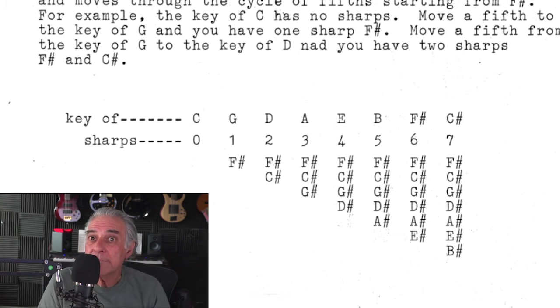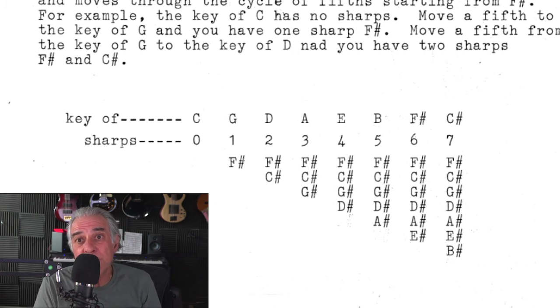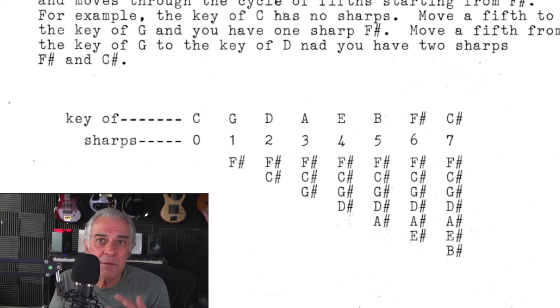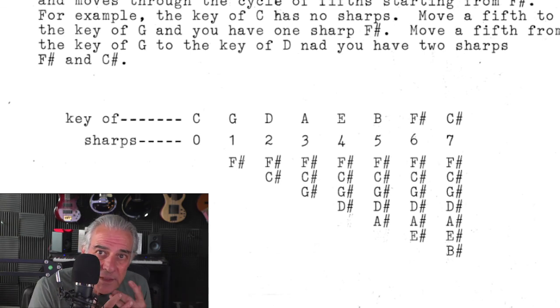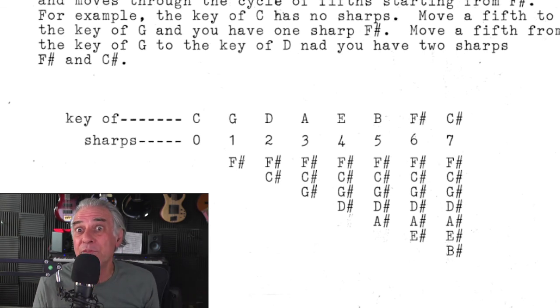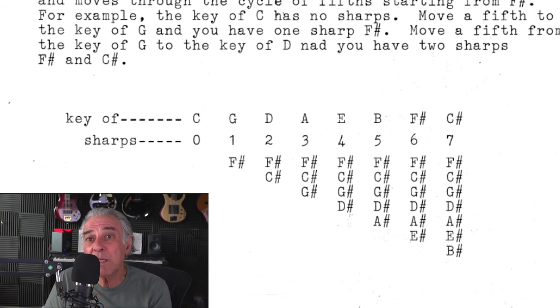And eventually you evolve, because diatonic is only the beginning. Most songs are not diatonic. They change keys, they add substitutes, and they add modal interchange and all kinds of different things to make them sound interesting. A diatonic tune is Happy Birthday, for instance. Anyway, that's what I'm going to try to do.